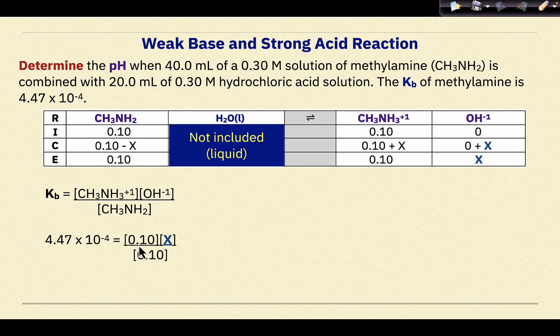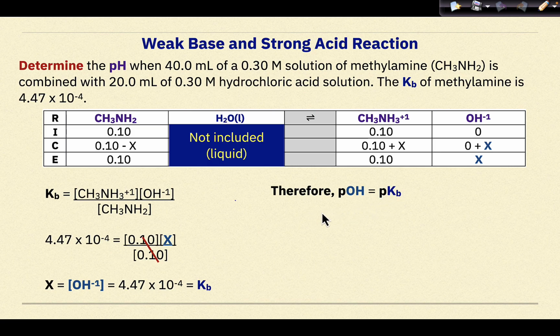Notice that the 0.10 in the numerator and the 0.10 in the denominator cancel, resulting in X equaling the hydroxide ion concentration, which will equal 4.47 times 10 to the negative 4, which is the Kb value. Therefore, pOH is equal to pKb.